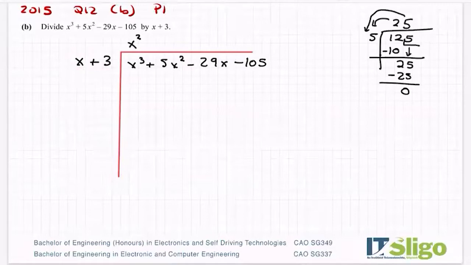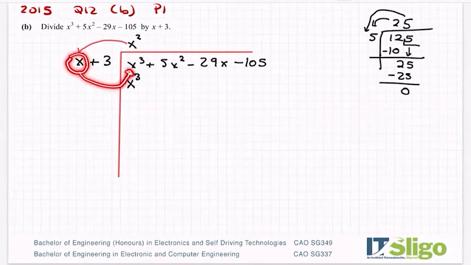When I multiply that x squared by the x, I know I'm right if I get the exact term here. Another way of asking that is what must I multiply by x to bring it up to x cubed? Well, that's got 3 x's in it. That's only got 1, so I need 2 more, which is x squared.